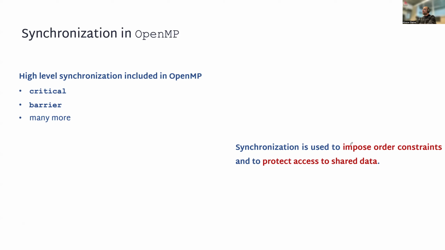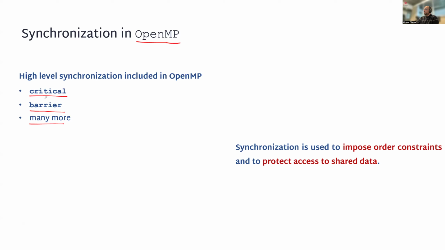So let's see some other functionalities that OpenMP provides, and they can also be used to avoid false sharing, but without padding, for example. So it's a more convenient way to write high-performance programs. So OpenMP provides different synchronizations, like critical or barrier, and also many more.